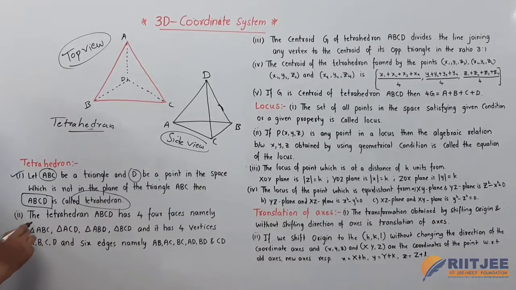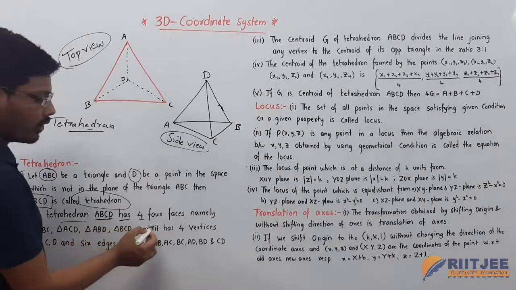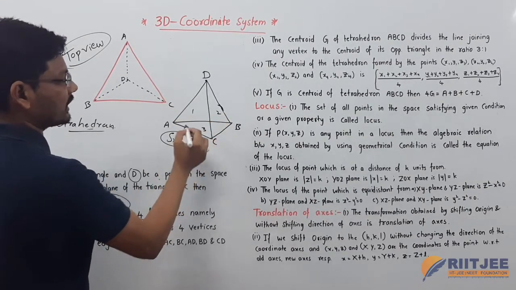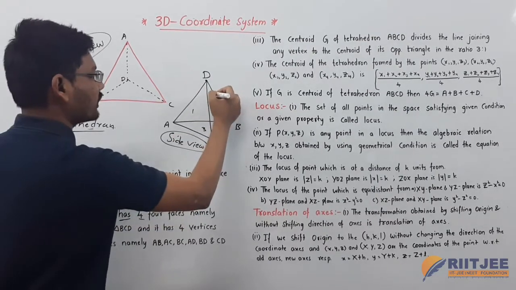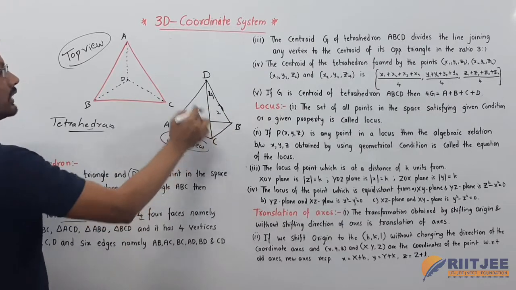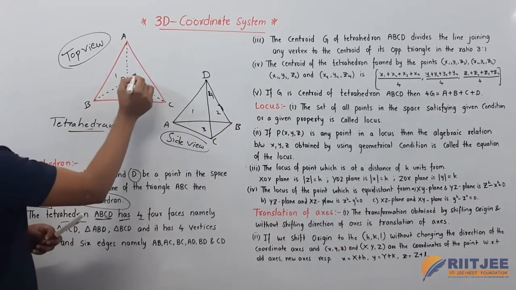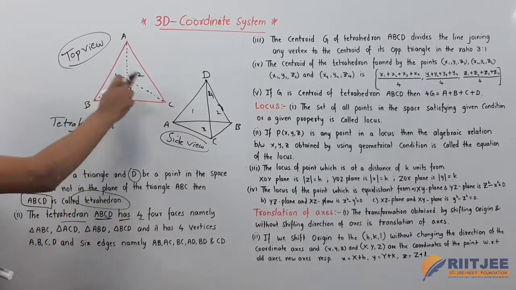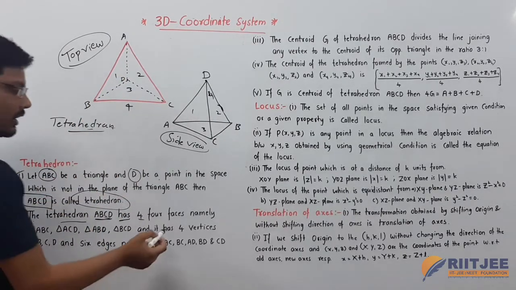The next point is that the tetrahedron ABCD has 4 faces. This is 1, this is 2, this is 3, and the back side is 4. So 1, 2, 3, and the bottom is 4. So it has 4 faces.